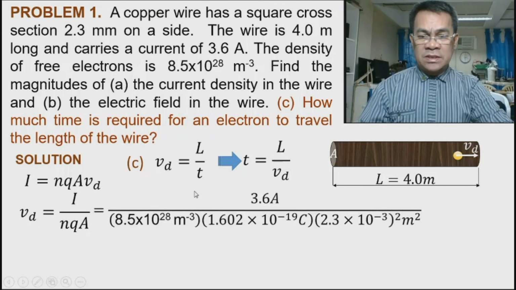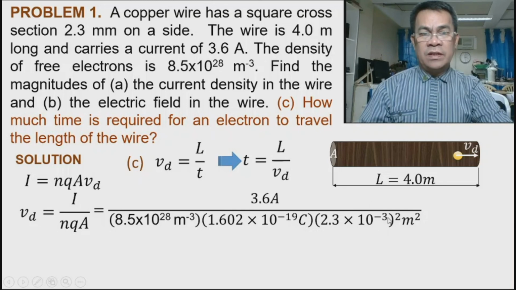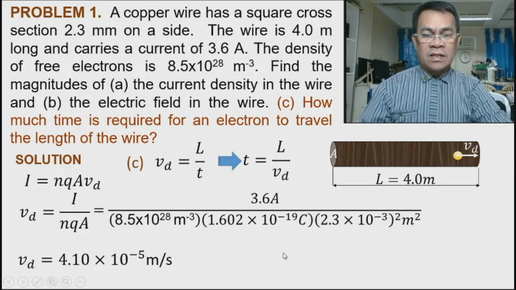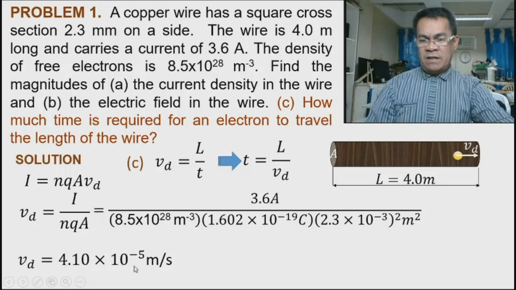Substitute the values: 3.6 for the current, n is the concentration, q is the charge of the electron, and A is the area of the wire. So calculate again, and the drift velocity is a very slow 4.10 times 10 raised to negative 5.